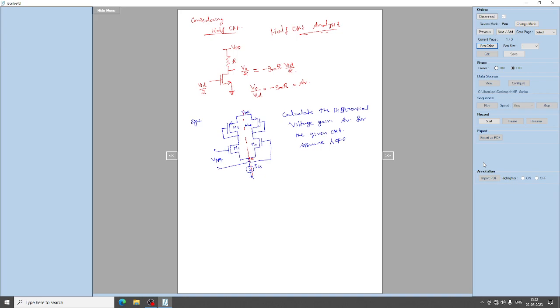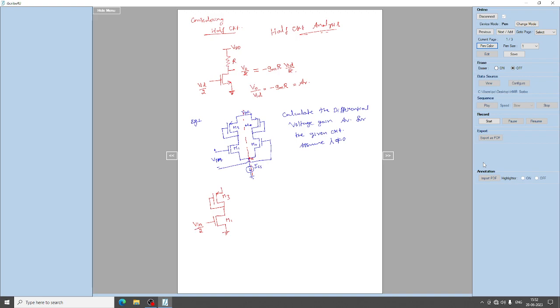That means considering the half circuit of this, this is PMOS, this is M1 and this is M3, and this is VIN by 2, the differential input. This is the potential at the symmetric node, which I have taken as a reference, equal to 0.